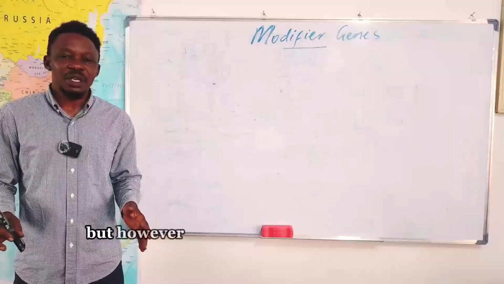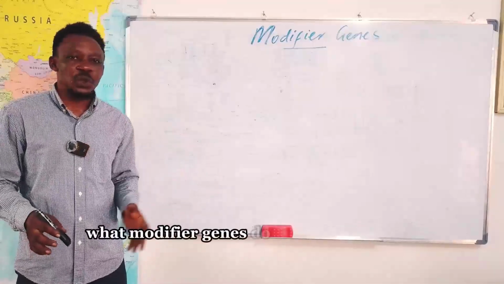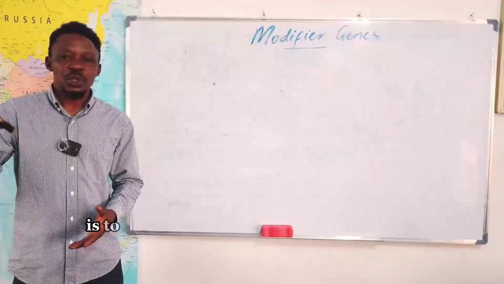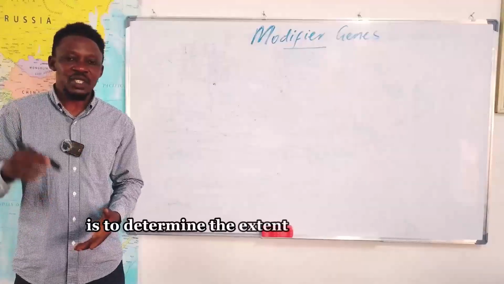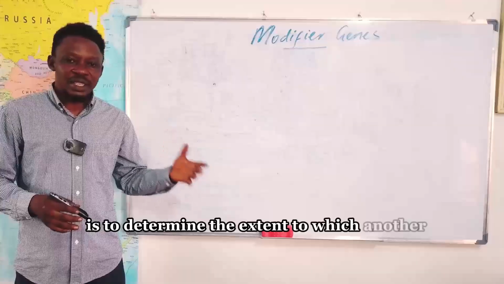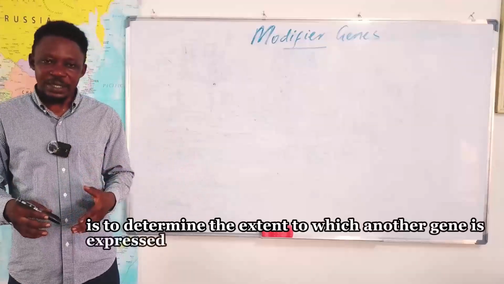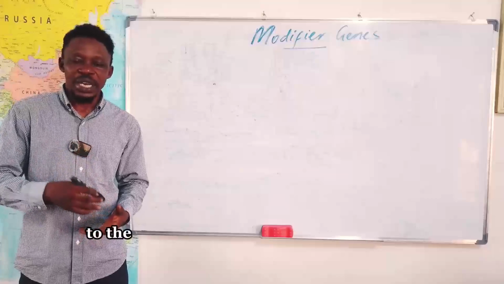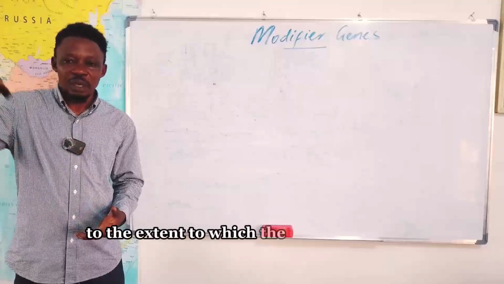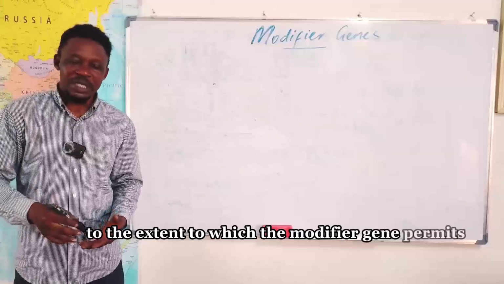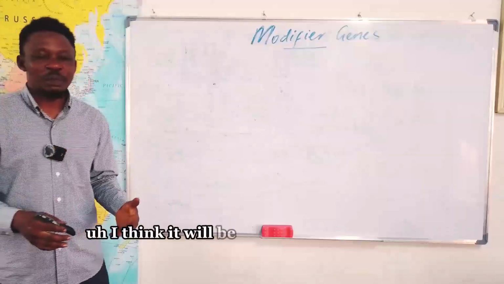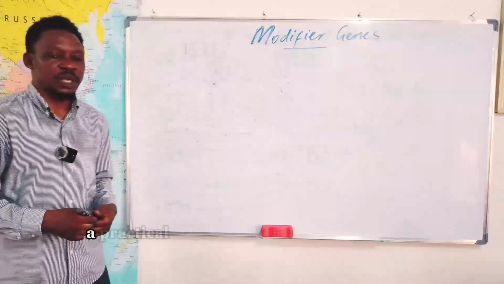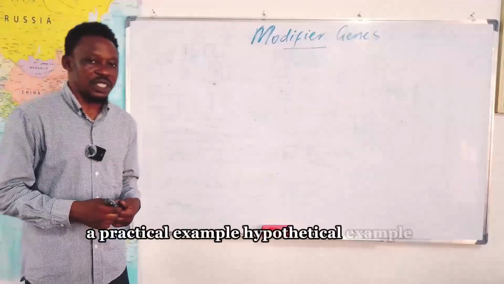However, what modifier genes do rather is to determine the extent to which another gene is expressed. So they allow another gene to be expressed to the extent to which the modifier gene permits. I think it would be better to look at a practical, hypothetical example.